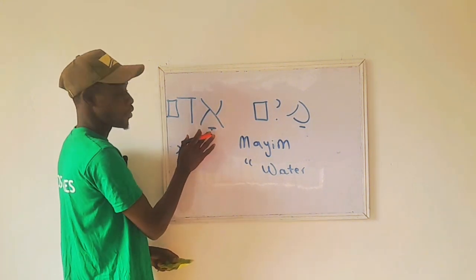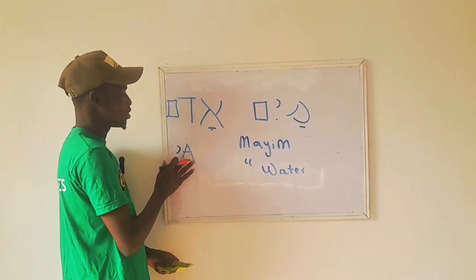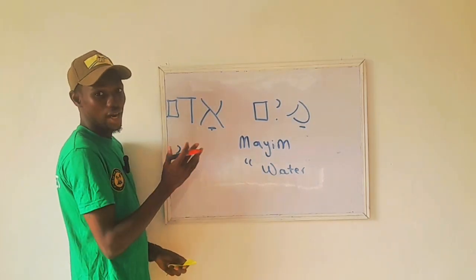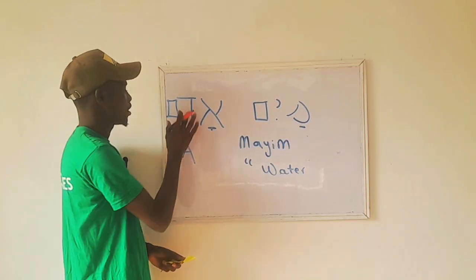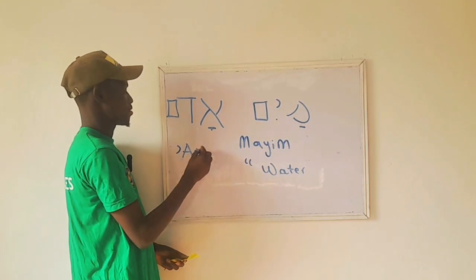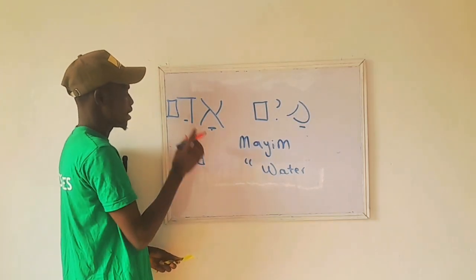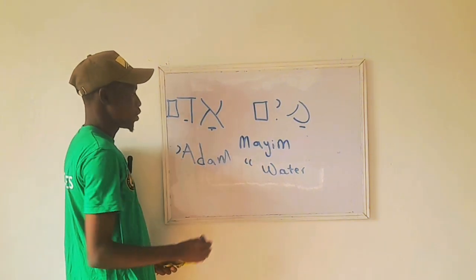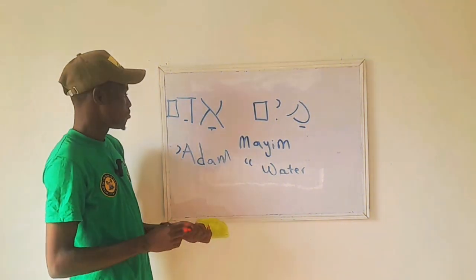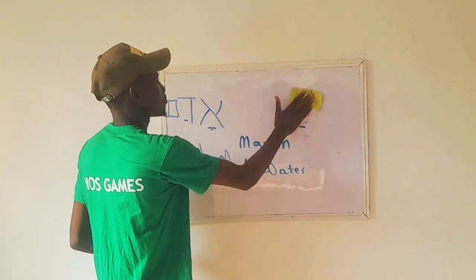Yes. Then our A. I'm writing it capital letter because I'm writing the name of a person, and this is English, so that's why I'm writing it in capital letter A. So this is Dalet. We have another A here, and then our M. We have Adam, the word for man.